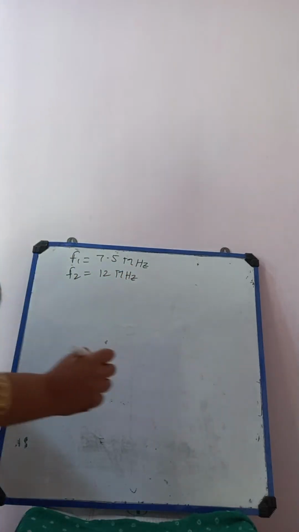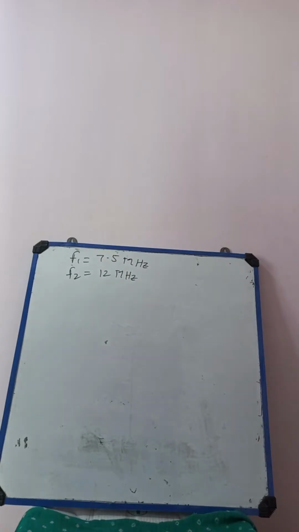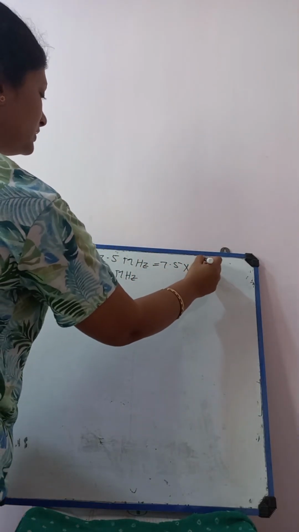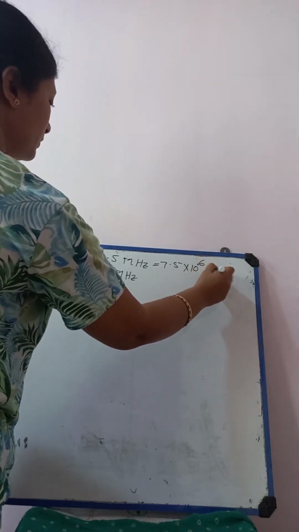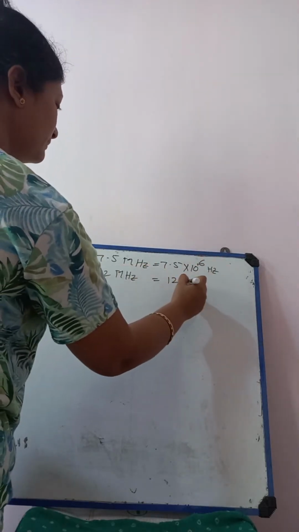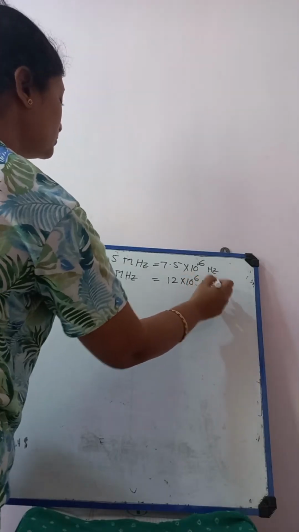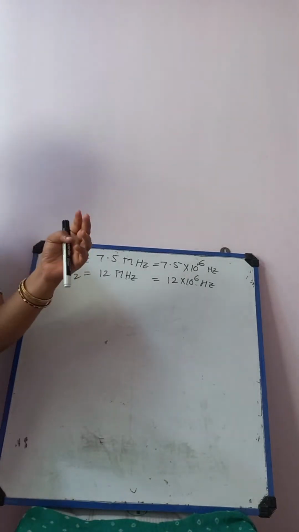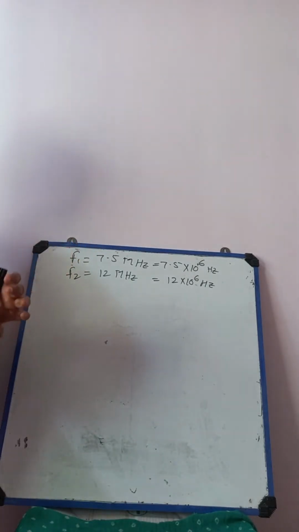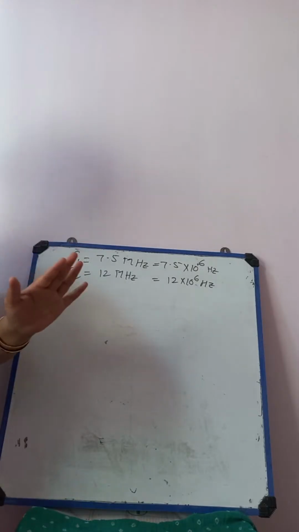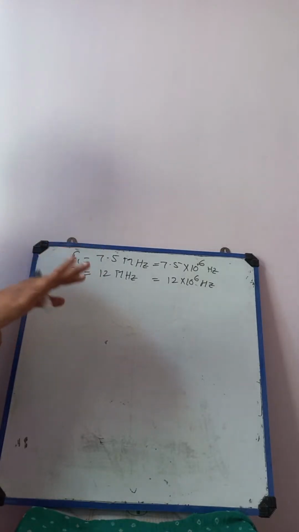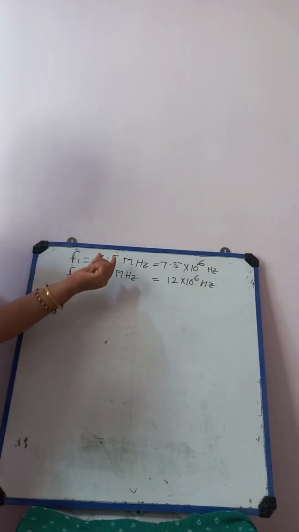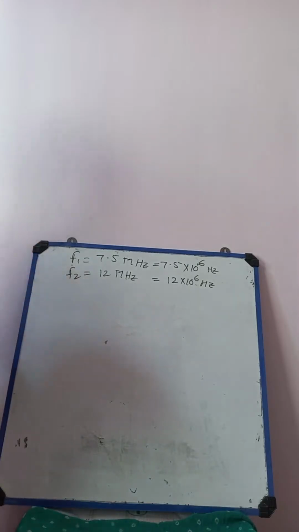Mega means 10 raised to 6, so I will write 7.5 into 10 raised to 6 hertz and 12 into 10 raised to 6 hertz. These are the two frequencies. Below 7.5 it will not tune, and above 12 megahertz it will not tune. The station can tune only in the frequency range between 7.5 and 12 megahertz.